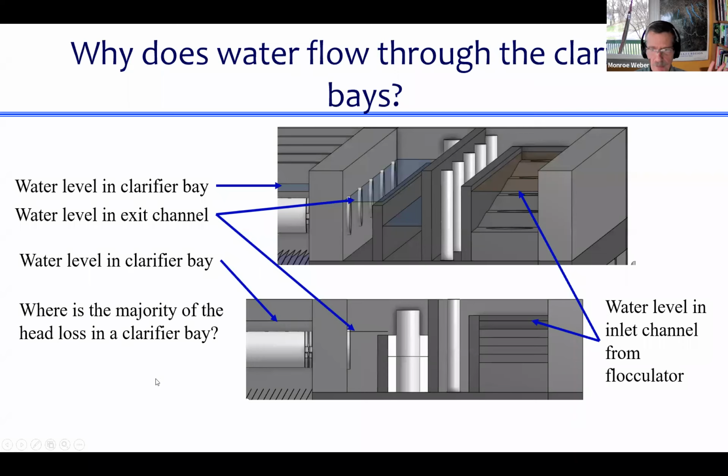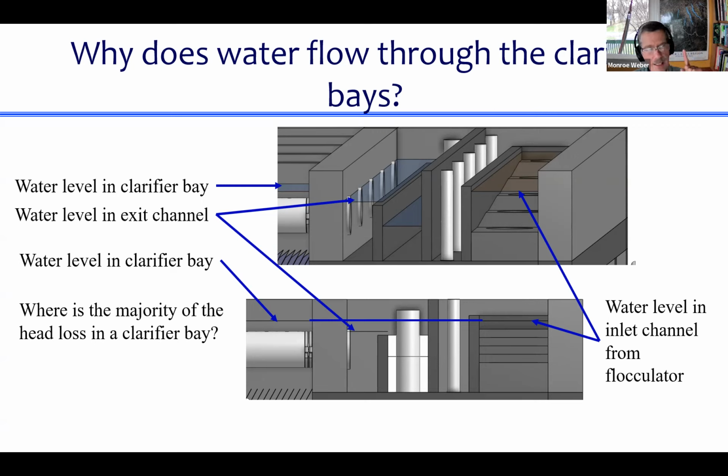So here's my question. Where is the majority of the head loss in the clarifier bay? This is like a mystery, and I'll guide you through it because it's not trivial. We have these clues here that are telling us what's going on. And look, if we take the water level that is in the inlet channel and extend that over, we see that the water level inside the clarifier bay is almost exactly, or maybe is exactly the same as the level in the inlet channel.